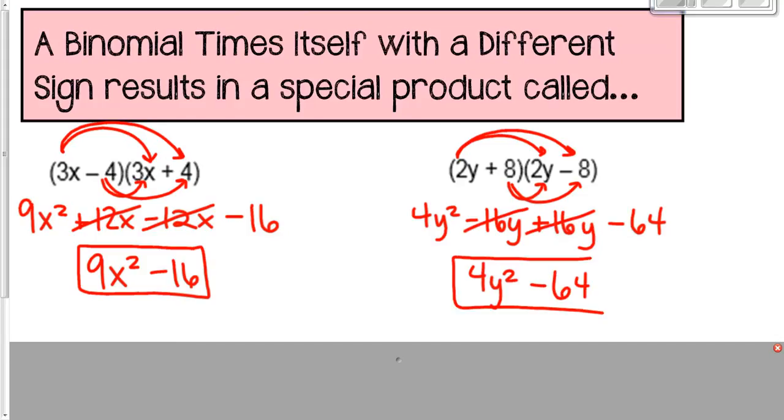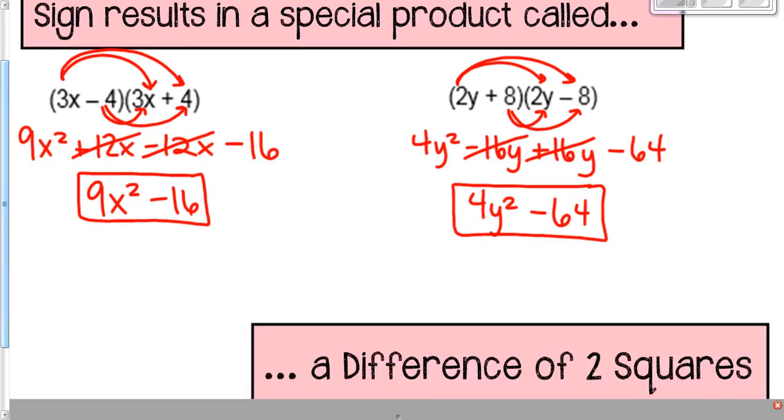Okay, so again, if we look at this and try to notice any patterns, obviously these are both similar because those x's and the y's canceled out, right? We were only left with our first and last term. So it didn't even result in a trinomial, it resulted in another binomial, okay? So this is something that we call a difference of two squares, okay?